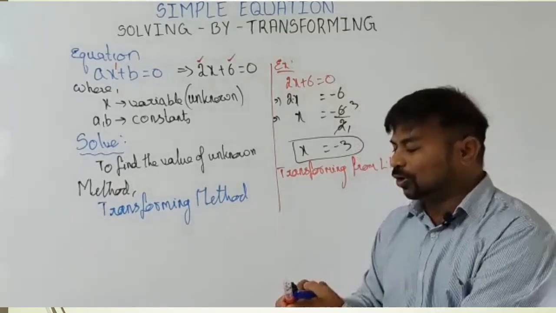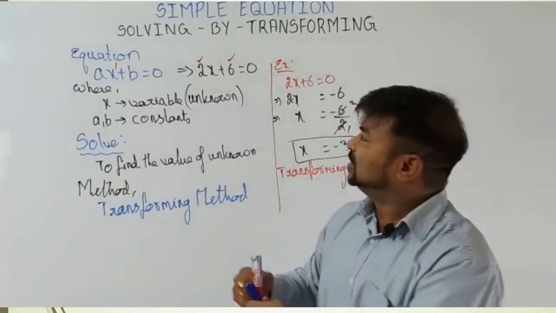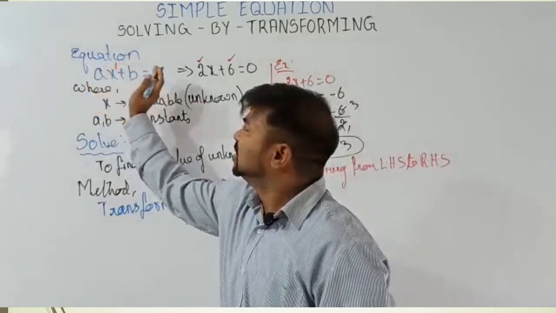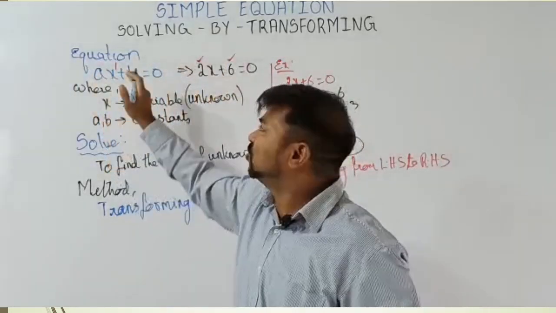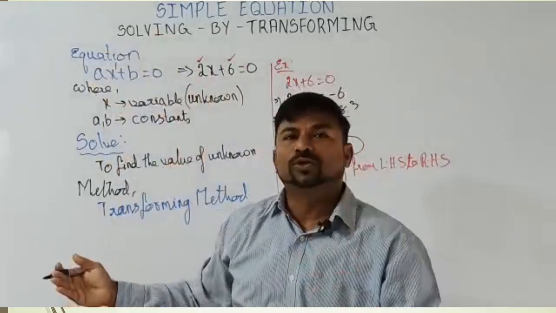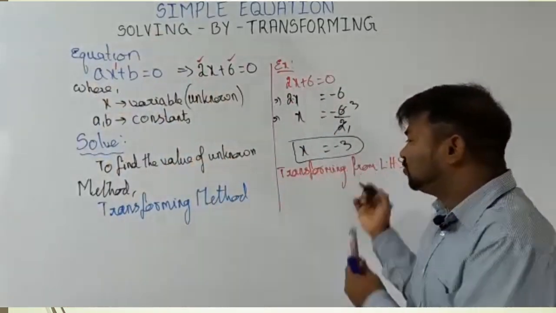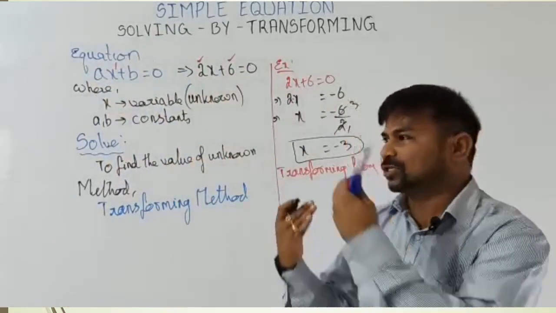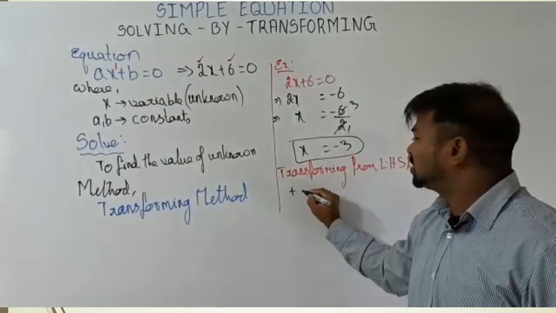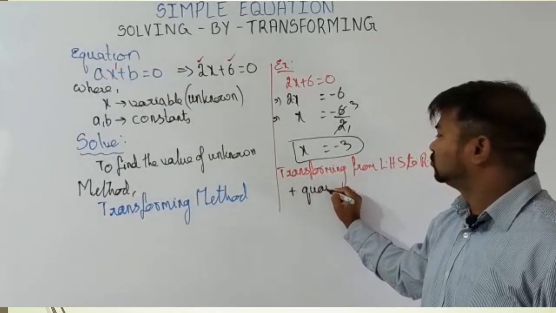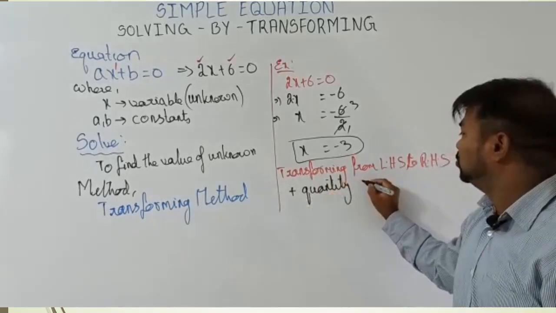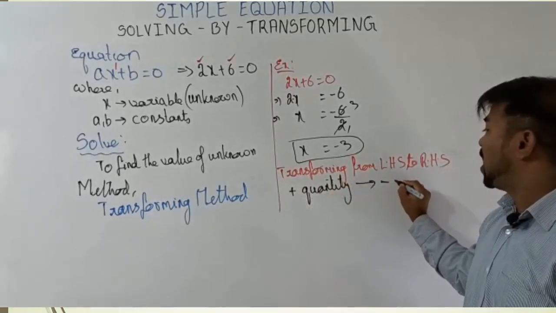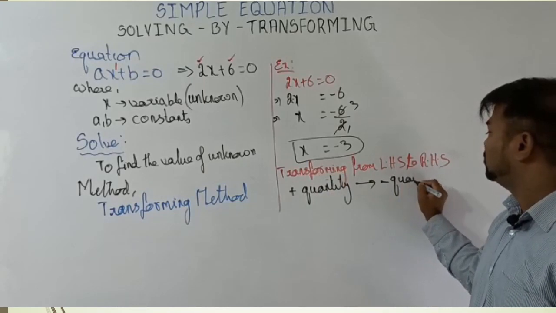This is the left hand side, and this is the right hand side. From here to here, we transform it. If you transform it, what are the conditions? You have to remember that a plus quantity changes to a minus quantity. You have to remember this one.